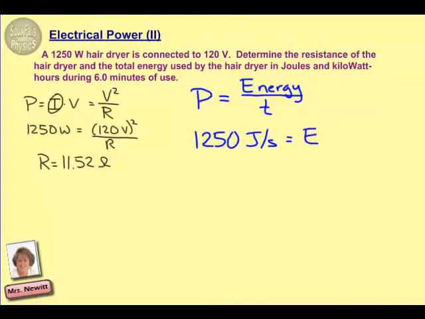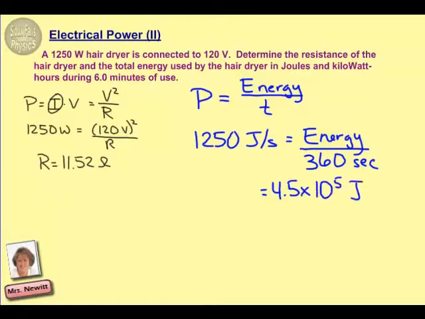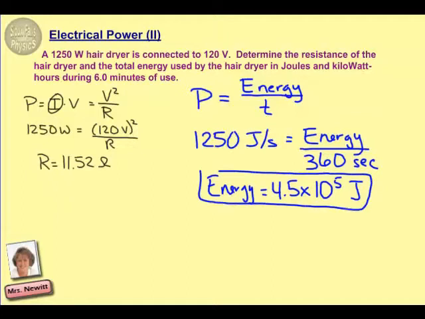So if we are looking for the amount of energy that is used, we simply need to plug in the amount of time, putting that in seconds, and we can plug in then 360 seconds and solve for energy, and we get a value of 4.5 times 10 to the 5th joules. So that would be the energy used in joules over 6 minutes by the hairdryer.